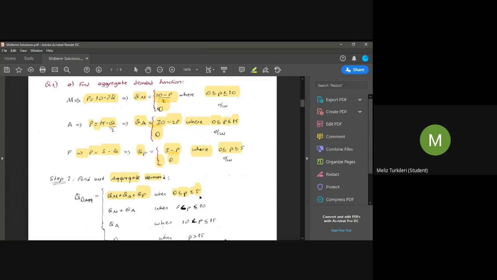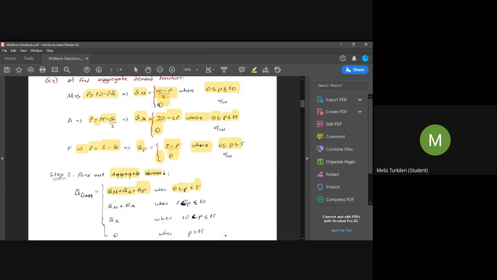If the price is higher than 5, we should consider the case again and find a new demand equation. So, if the price is higher than 5 and equal to or less than 10, what happens? Check from this part. If the price is higher than 5, demand for the third person is 0, right?